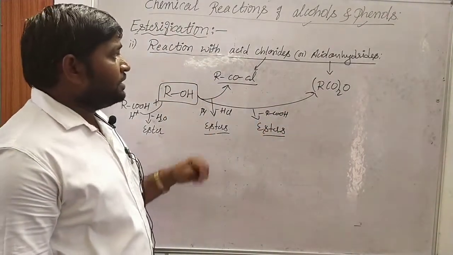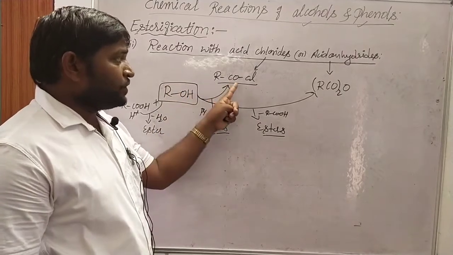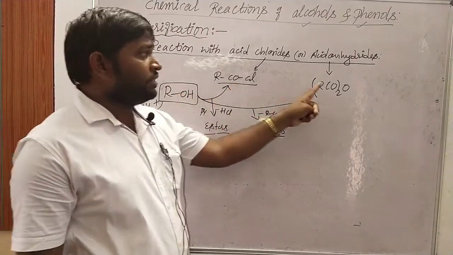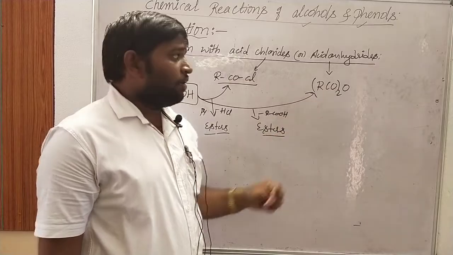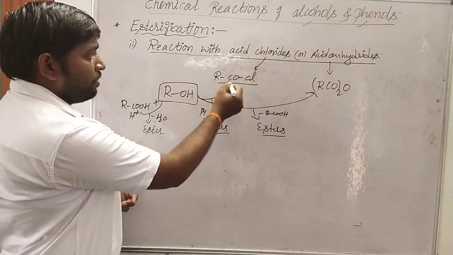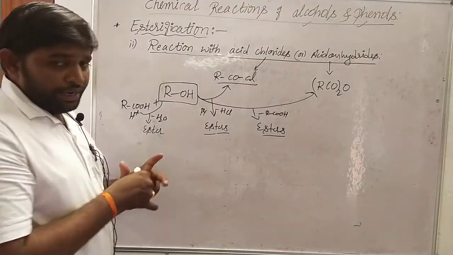Now let us consider the reaction of alcohols with acid chlorides and the reaction of alcohols with acid anhydride. Let us consider first the reaction of alcohols with acid chloride.